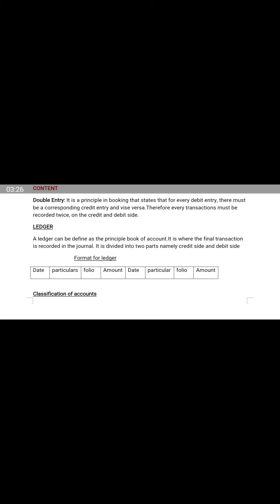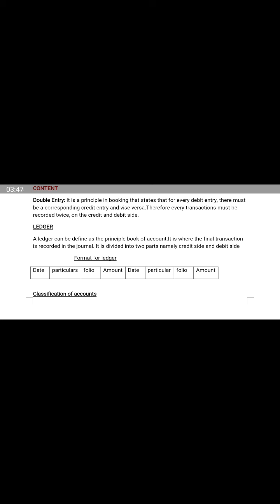The date is when the transaction took place: the time, the year, the month. That is why the date is very important in every account. Particulars are the items, goods bought. Then folio.